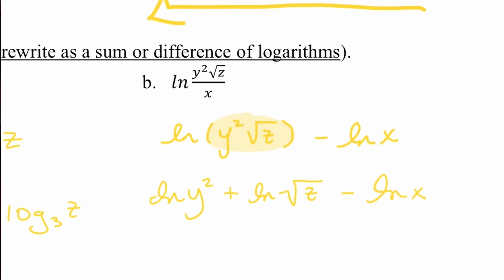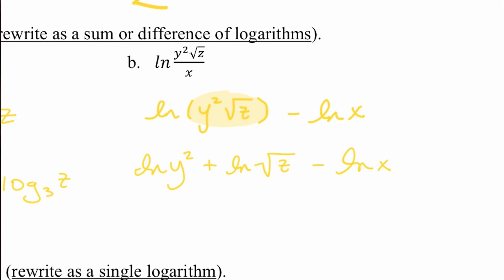Then the last thing is our exponents. We have a y squared, so that 2 is going to come down in front. And then with the square root of z, that is actually an exponent, because if you have a root, that comes from a fractional exponent.